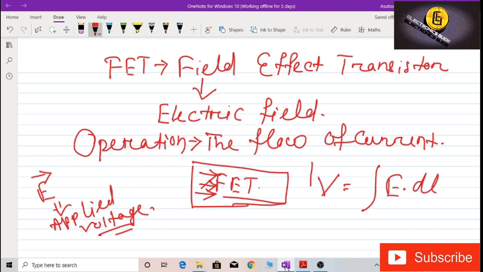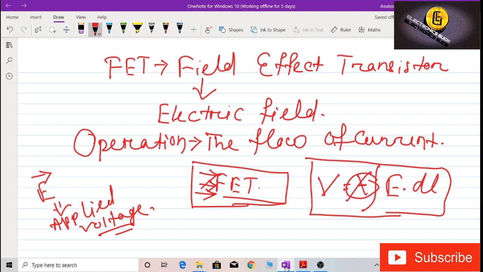This is the basic definition of voltage from physics. Here there is a negative sign also, but we can omit the negative sign. So V equal to E dot dl. That means the electric field is due to the applied voltage.